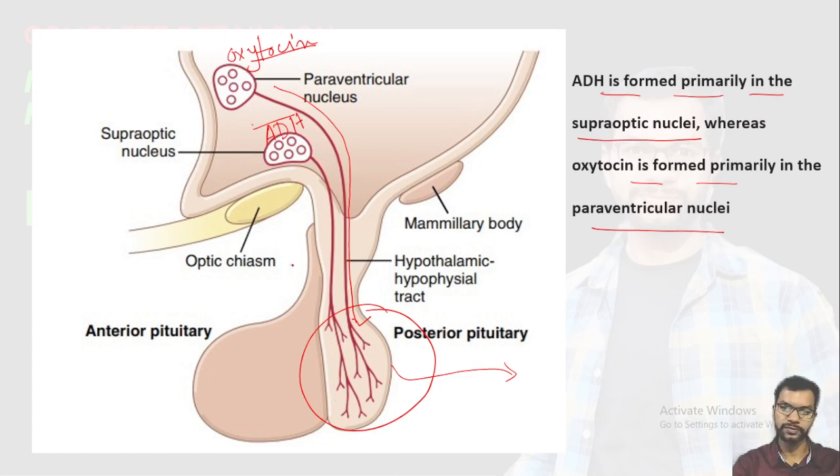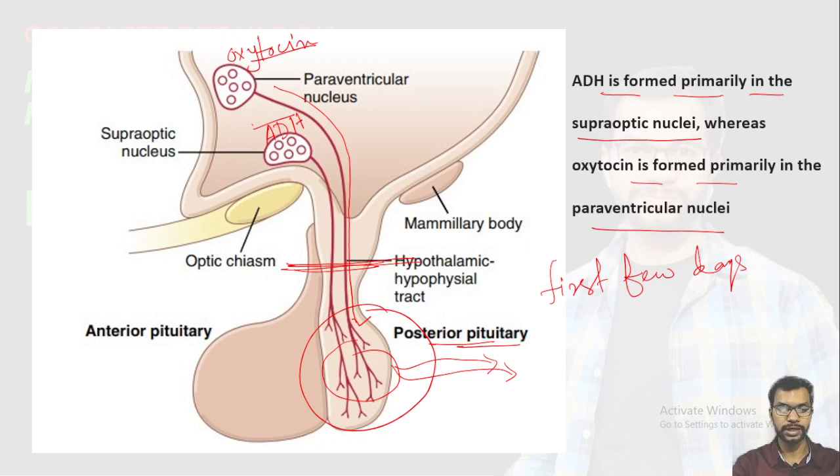One thing, if I cut the hypophyseal tract here, will the posterior pituitary continue to secrete its hormone or not? The answer is, for the first few days, the posterior pituitary continues to secrete its hormone, because the posterior pituitary keeps a stock of this hormone, and from that stock it will secrete its hormone for the first few days.